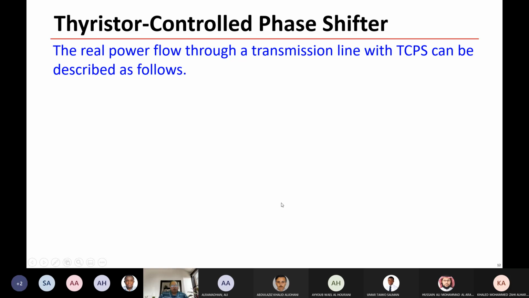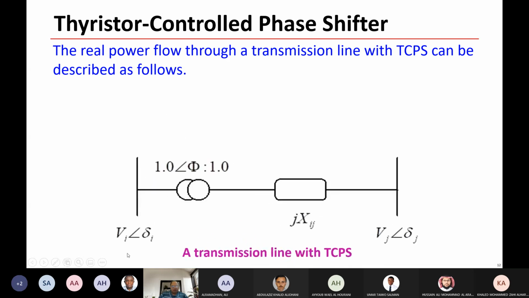The real power flow through a transmission line with a thyristor controlled phase shifter can be described as follows. This is the main system that we have, and this is the phase shifter. The magnitude of voltage is 1, primary and secondary, but there is a phase shift of phi here.